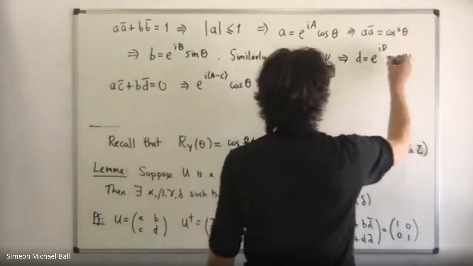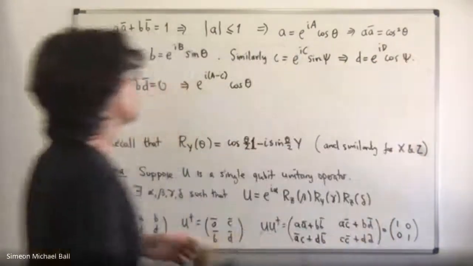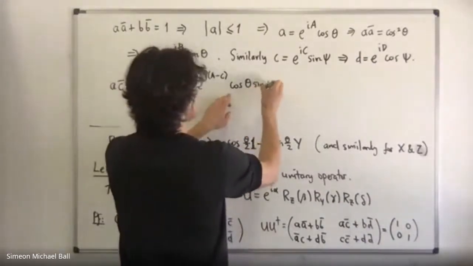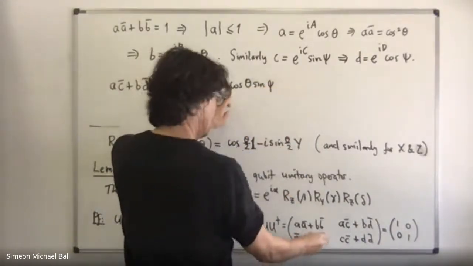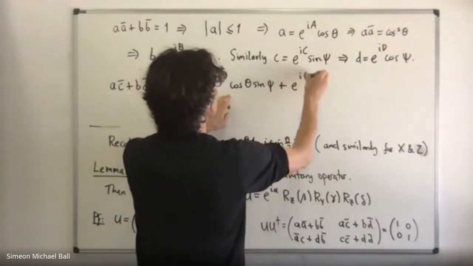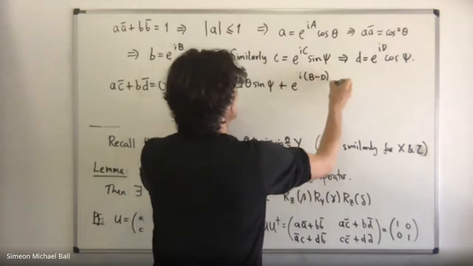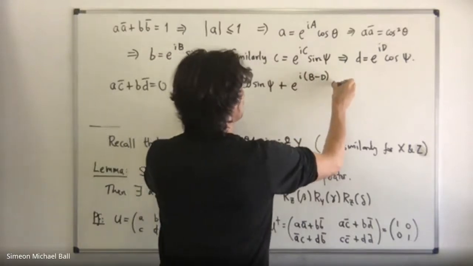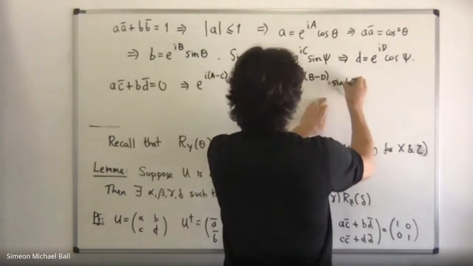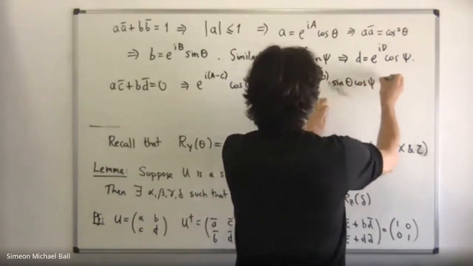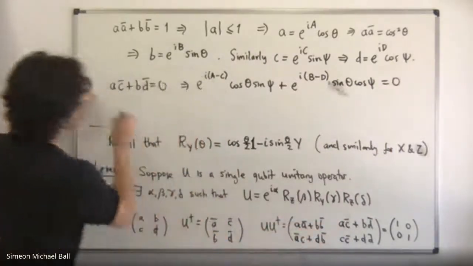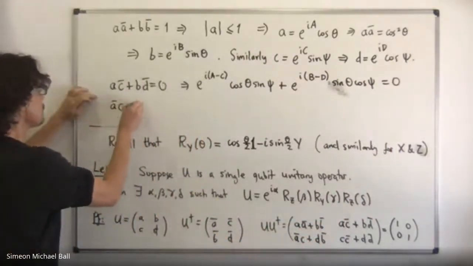So if I choose that to be the sine, then this must be cosine, plus B D bar needs to be i(B minus D) sine. So that's that one, and then the other one, which was the conjugate of this.